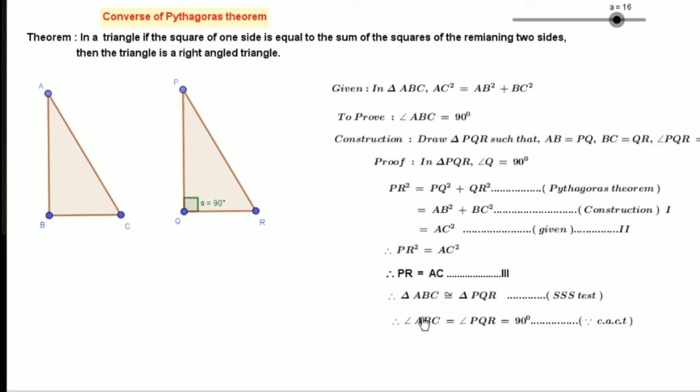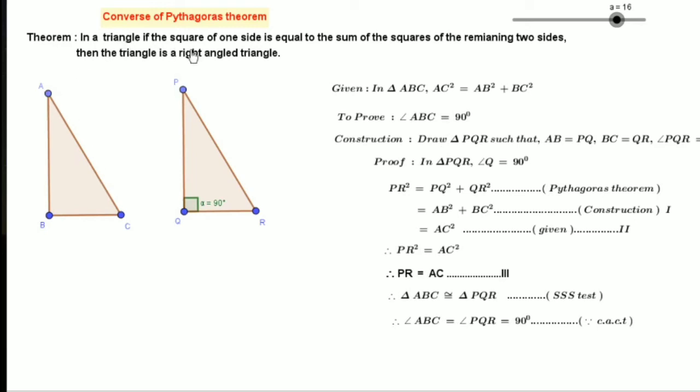So angle ABC is equal to angle PQR equals 90 degrees, and this we had to prove. That is, angle ABC is 90 degrees. It means that triangle ABC is a right angle triangle.